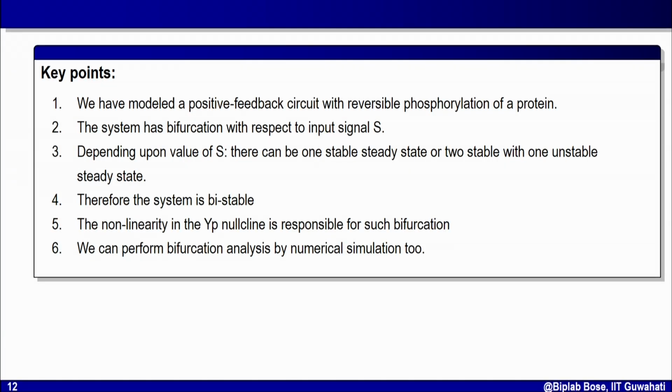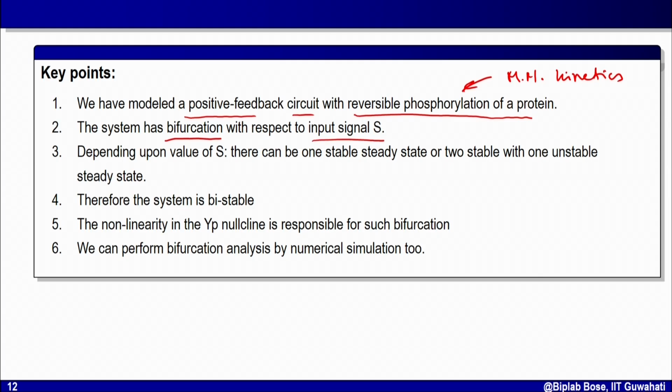Let us jot down the key points for this module. We have modeled a positive feedback circuit with reversible phosphorylation of a protein. And remember, both the phosphorylation and dephosphorylation are following Michaelis-Menten kinetics. We have shown the system has bifurcation with respect to input signal S. Simple nullcline analysis will show that.